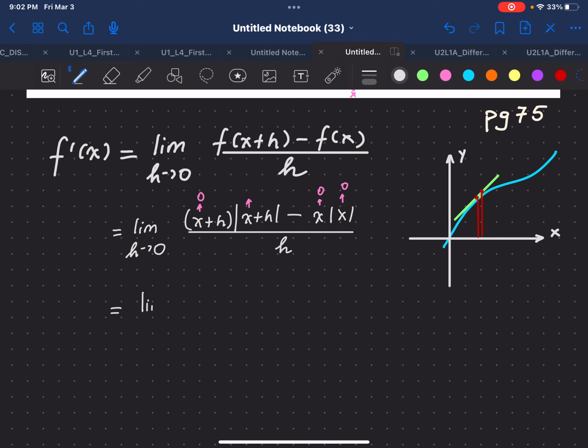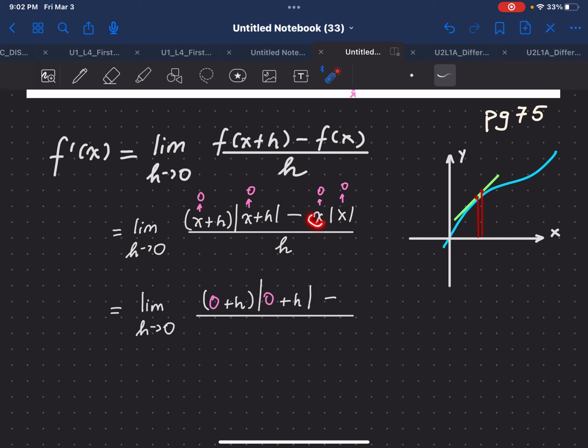So we have the limit as h approaches 0 of, I'm going to draw a big fraction line here, and we'll have 0 plus h in brackets times the absolute value of 0 plus h again. And then minus, again, we have x, which is 0, so 0 times the absolute value of 0 again. And the entire thing will be over h.